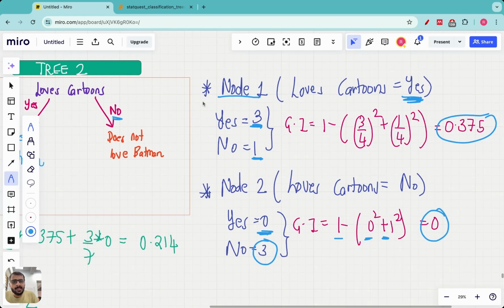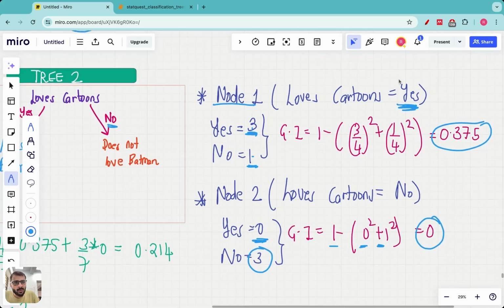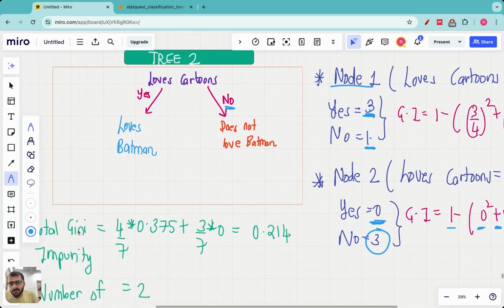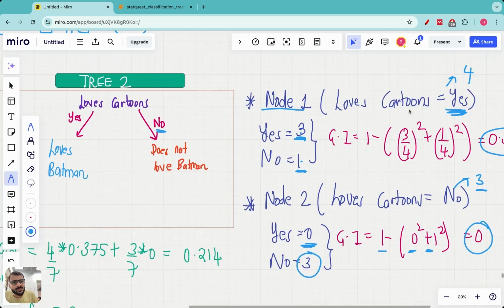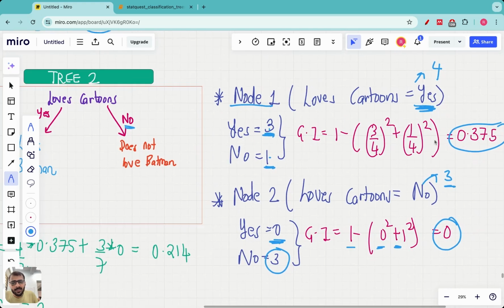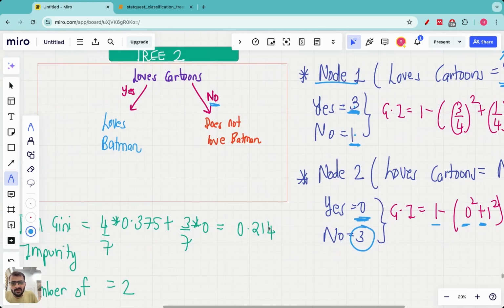Now in node number 1, the total people who are there are 3 plus 1 equal to 4 because 4 people love cartoons. And in node number 2, the number of people are 0 plus 3, which is 3, because 3 people say they don't love cartoons. So the total Gini impurity is 4 by 7 into 0.375 plus 3 by 7 into 0, which is 0.214.